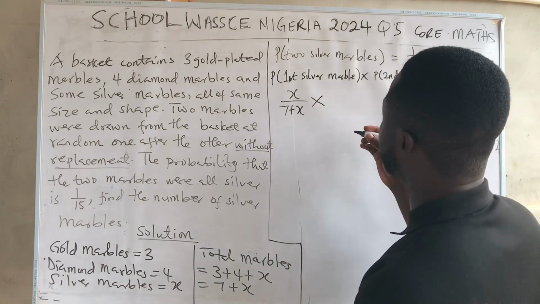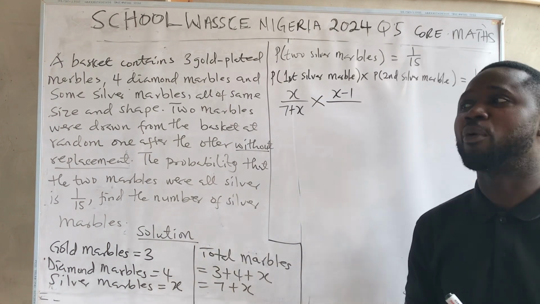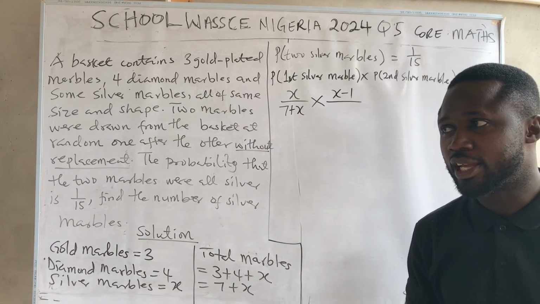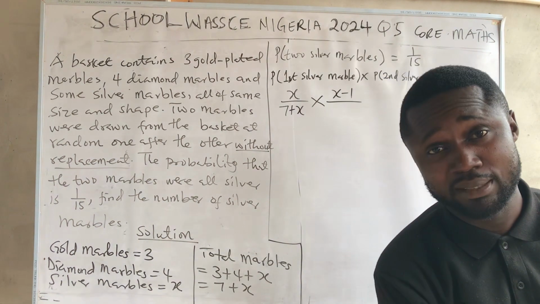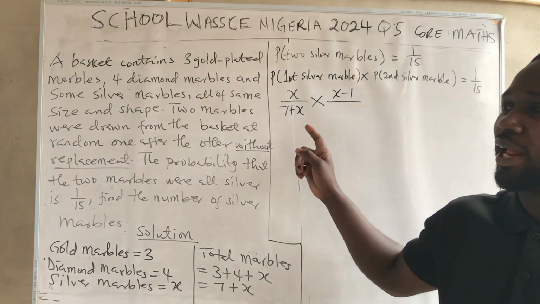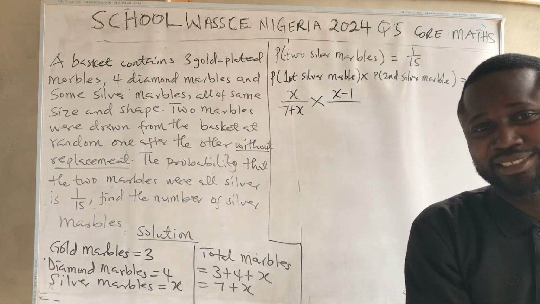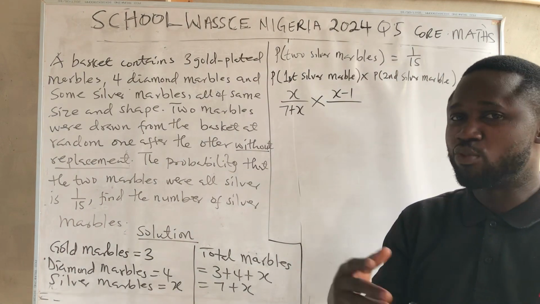So for the second one, since we didn't put it back, it means the number of silver marbles will reduce by 1. Okay, because we picked the first silver marble, put it aside, and didn't put it back, without replacement. It means that it has reduced by 1, and the total will also reduce by 1 because we didn't replace it.